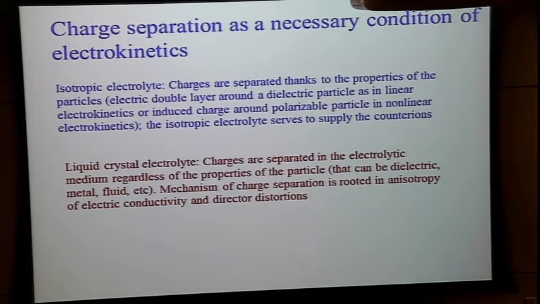And it's a dramatically different situation, because if in the isotropic electrolyte I need to satisfy certain conditions on the properties of the particle, on the properties of the cargo that I want to move, in the liquid crystal case all these requirements are released, and my particle might be practically anything: a piece of glass, a piece of metal, it can be a fluid, a water droplet, or almost whatever.